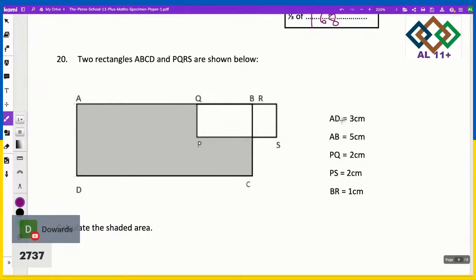So they given me that AD equals 3 centimeters, and AB, the one on the top, A and B, this one here, equals 5 centimeters. P and Q is the one inside here. That equals 2 centimeters.